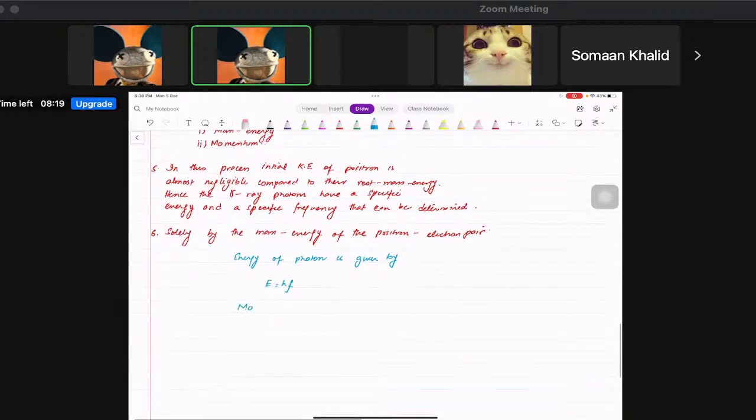And the momentum of a photon is given by P equals E over c.